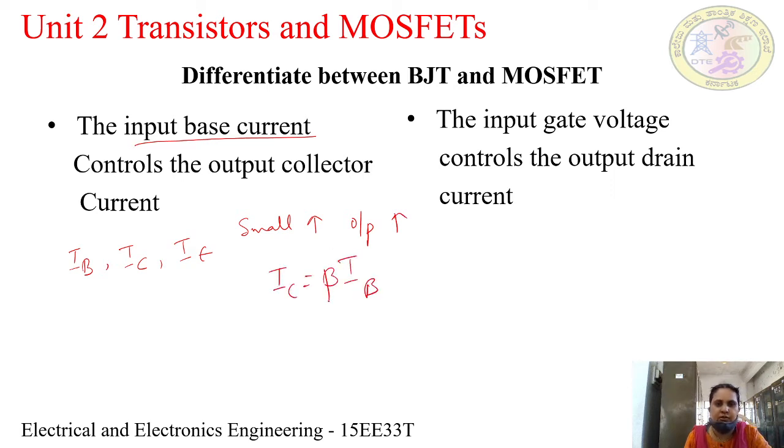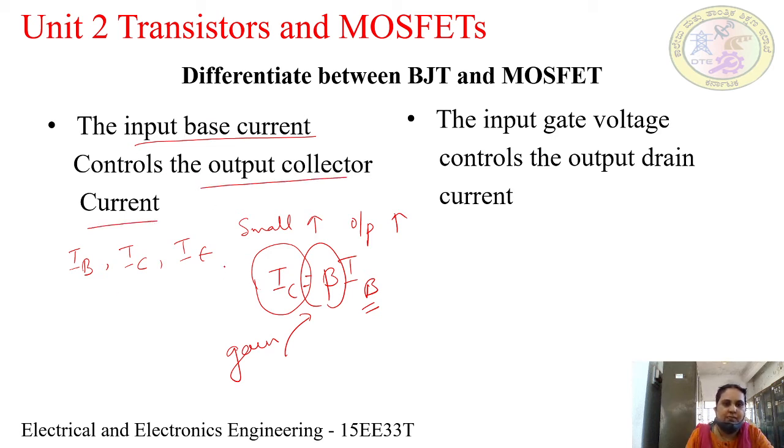This large number is called the gain of the transistor, and from this we can infer that the input current is responsible for the gain in the output. For that reason, the input base current controls the output collector current. Because of this, BJTs are called current controlled devices.